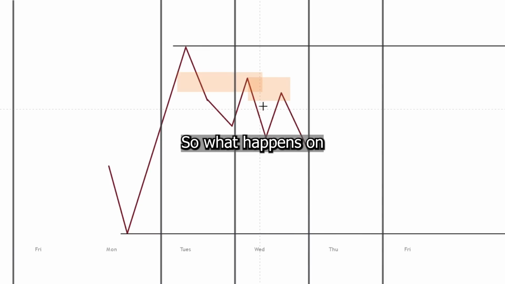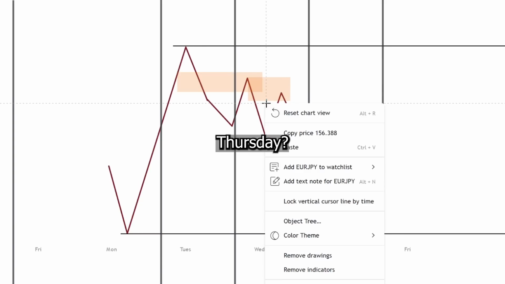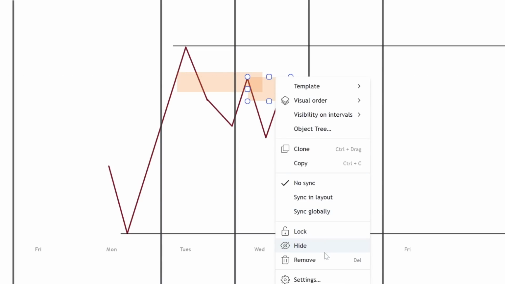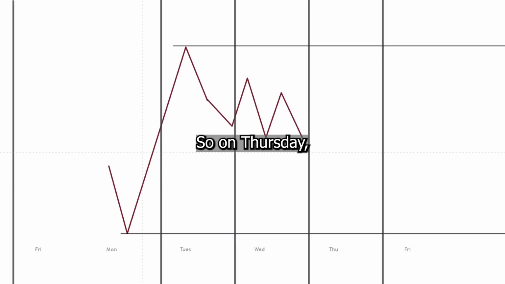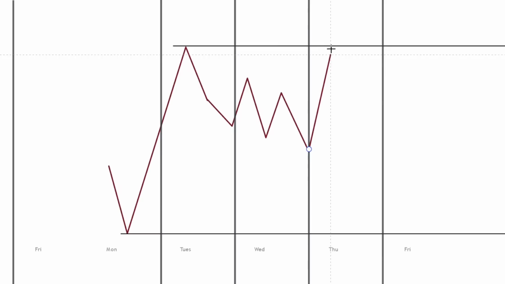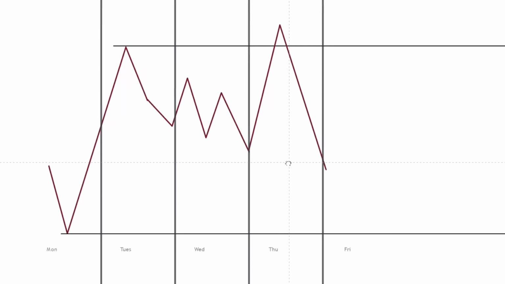So what happens on Thursday? On Thursday, price will come up, take out the swing, and close bearish. What does this tell us?